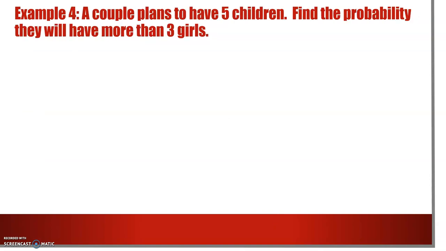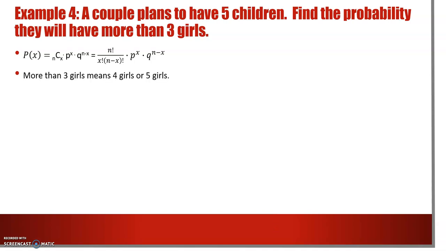Example 4, a couple plans to have 5 children. Find the probability that they will have more than 3 girls. Write down the formula. This is the binomial probability formula. It will be helpful to put it on a note card. More than 3 girls means 4 girls or 5 girls. Let girl be a success. Our number of trials, they're having 5 children, so N equals 5.